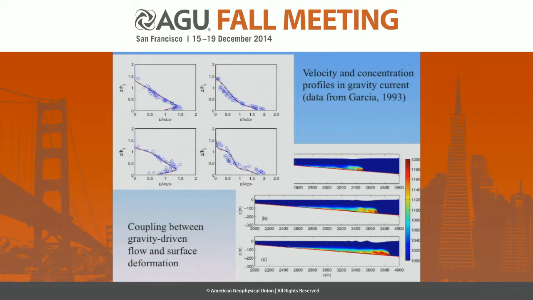Here's a corresponding simulation of a gravity current event and a corresponding tsunami-genic deformation of the surface. That's just in there essentially as a cartoon to show that the concept works, but these calculations become very expensive to do computationally, and we just really didn't want to do it that way anymore.